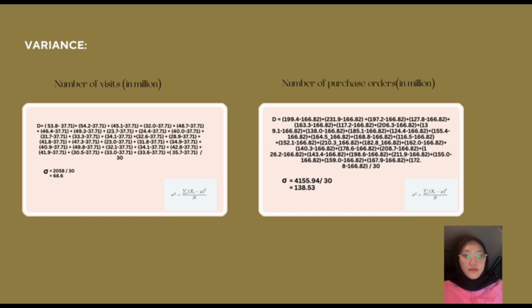Next, we need to find the population variance, which uses this formula. The formula is the sum of (X minus mu) squared, where X refers to each value and the symbol mu is the population mean, divided by the number of values in the population.